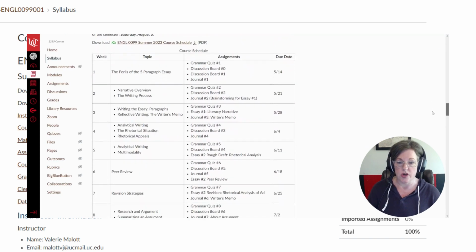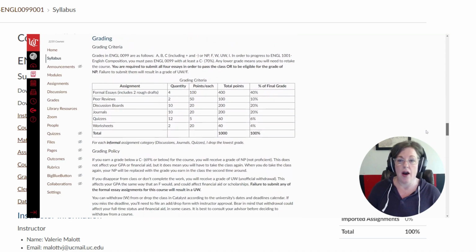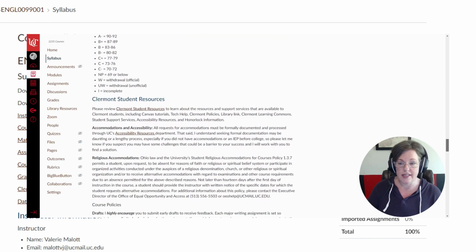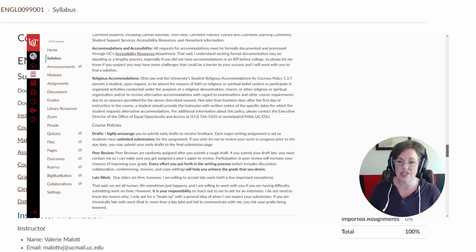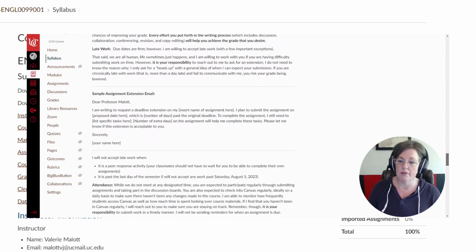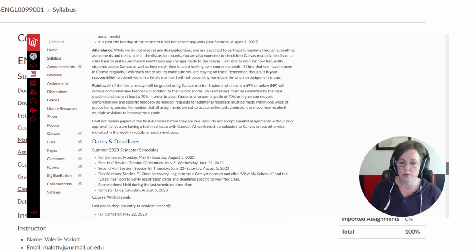It includes a course schedule, grading policies, how you're going to be assessed in this class, the grading scale, student resources, accommodations, religious accommodations, course policies, late work, peer review, attendance, rubrics.